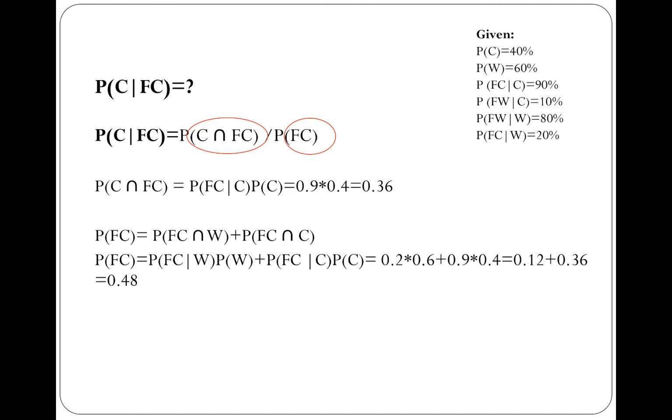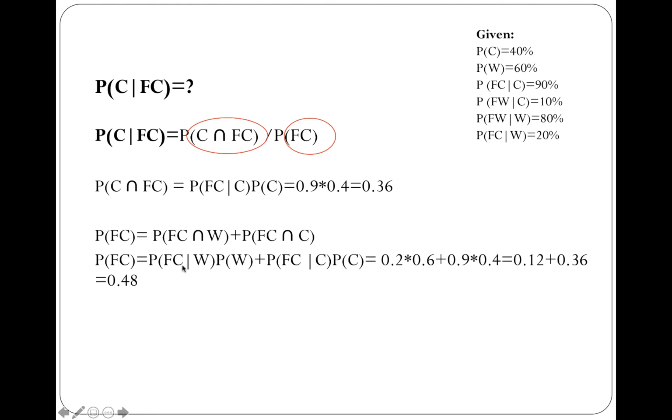But I pick the form for which I have the actual probabilities from the problem statement. So I write it in terms of the probability of FC conditioned on W because I have this probability here. If I write it as the probability of W conditioned on FC, I don't have that probability here. Okay, so that's how you find how to rewrite these conditional probabilities.